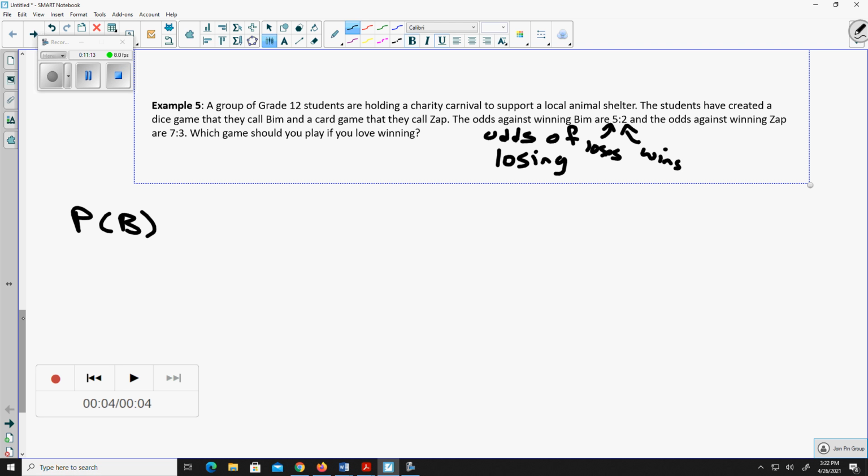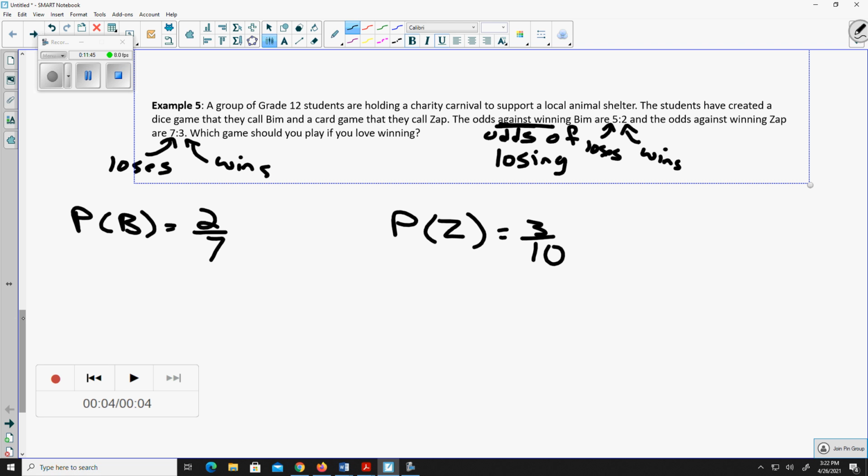If you want to win, you get 2 wins, that's a total of 7. And then your probabilities of winning that. Zap, these are your losses. These are your wins. Now remember, it's because it's odds against winning that the wins are second. All right? So it's going to be 3 out of 10. So now, write it as a percentage so you can see the numbers real quick.